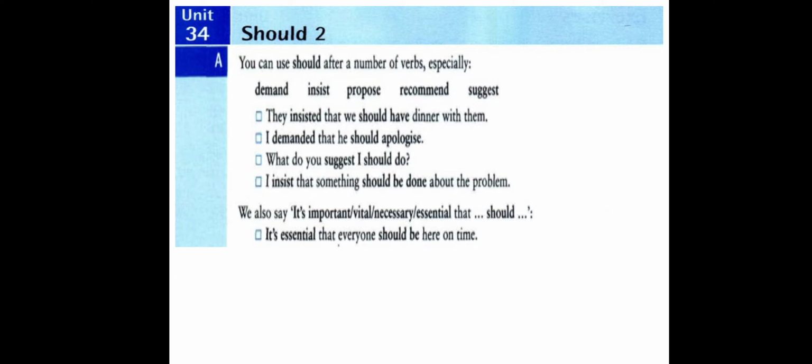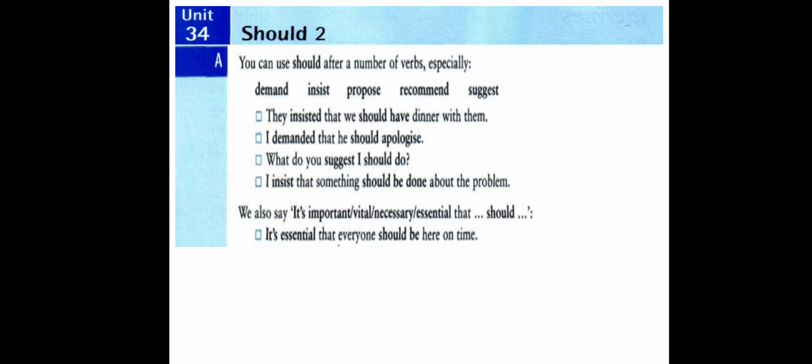We also say it is important, it is vital, it is necessary, it is essential, that plus should. Here we have adjectives and we use sentences. It is important, it is vital, it is essential, it is necessary.